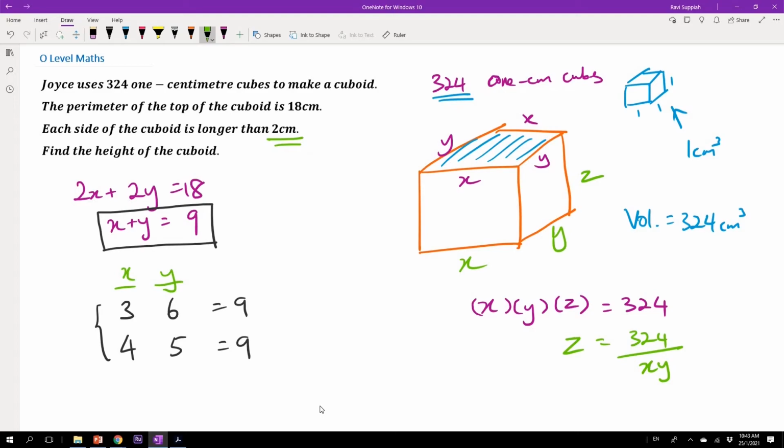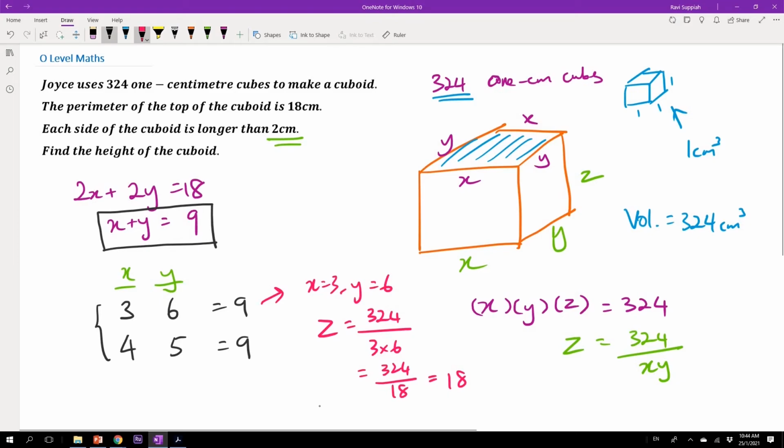Now what we can do is take the two possible combinations of x and y and see what happens. If x is equal to 3 and y is equal to 6, then z is equal to 324 divided by 3 times 6, which is 324 divided by 18, and that gives me 18.